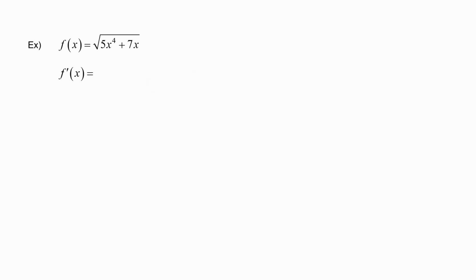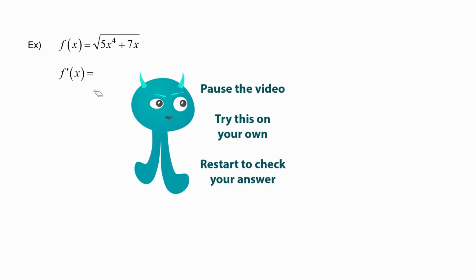In this example, we have f of x equals the square root of 5x to the 4th plus 7x, and we have to find f prime of x. So pause the video, try this one, and then restart when you're ready to check your answer.